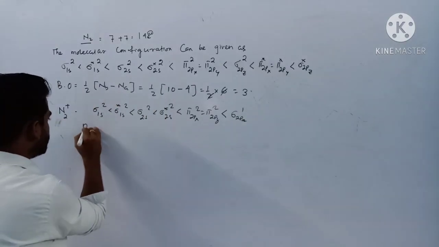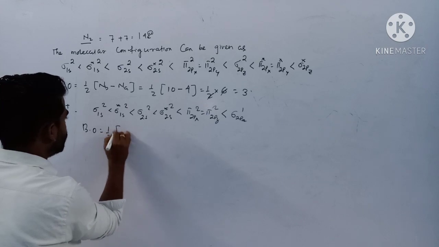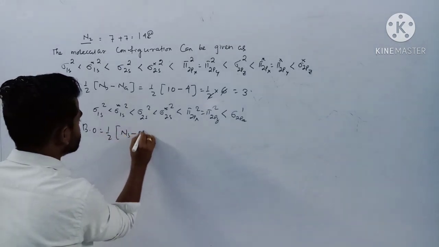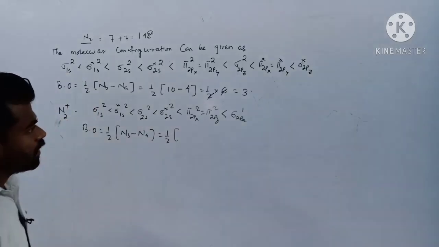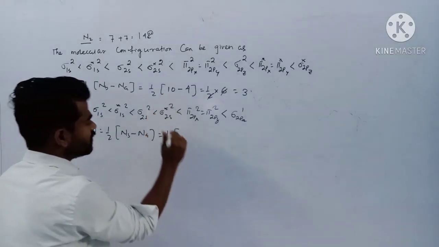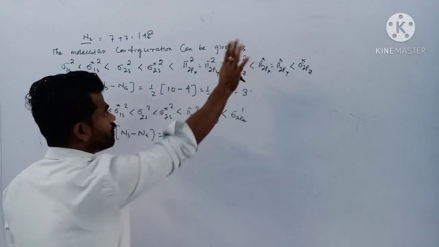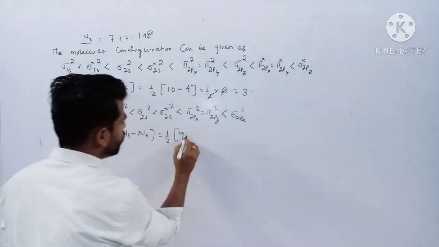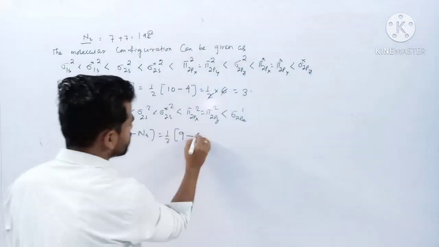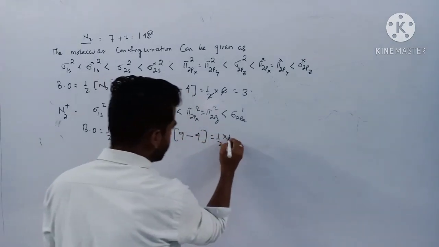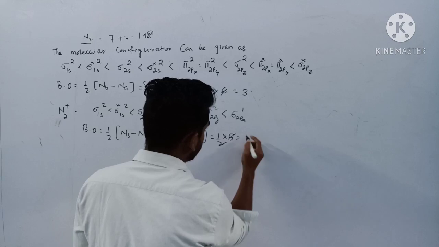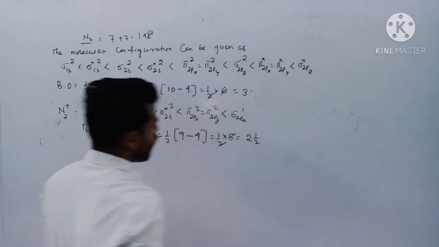Here you can calculate bond order, half into Nb minus Na. Number of bonding electrons will be 9 in this case, because one electron gets lost. So 9 minus number of antibonding, which remains the same, 4. That will be 1 by 2 into 5, so that will be 2.5, 2 and a half.